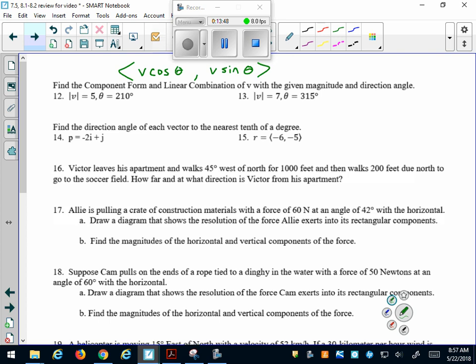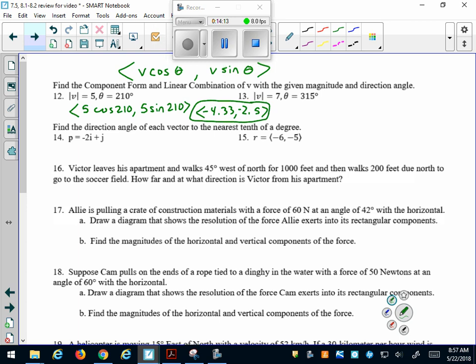So when we're given the magnitude and direction angle, we use this for component form. So this is just going to be 5 cosine 210, and then 5 sine 210. And this turns out to be negative 4.33 and negative 2.5.